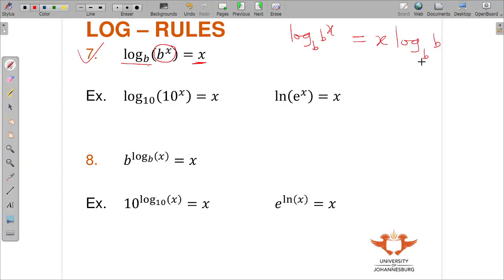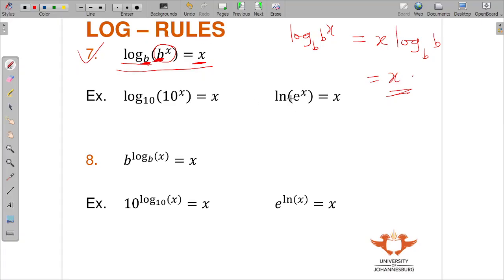And log b to base b is 1, so this gives us x. But the base of the log must be the base of the exponential function for us to have that.